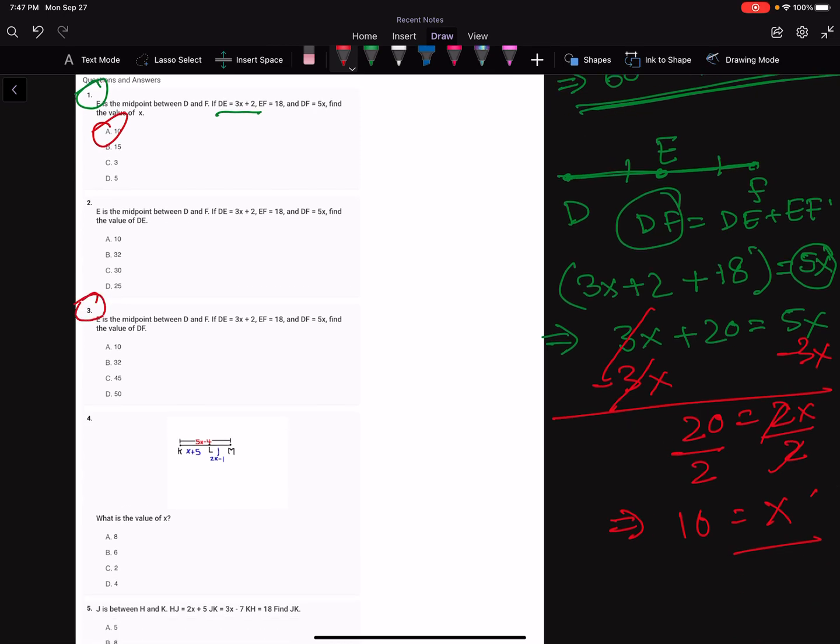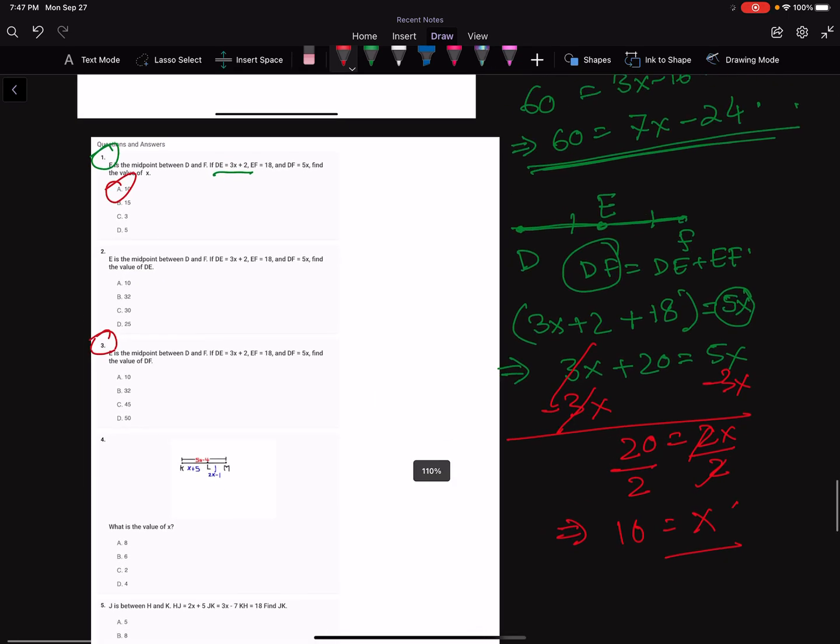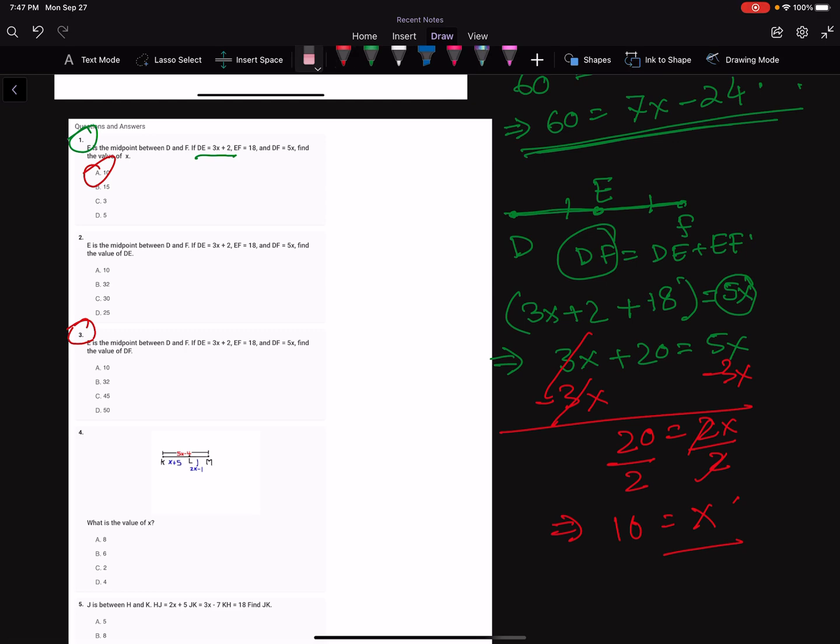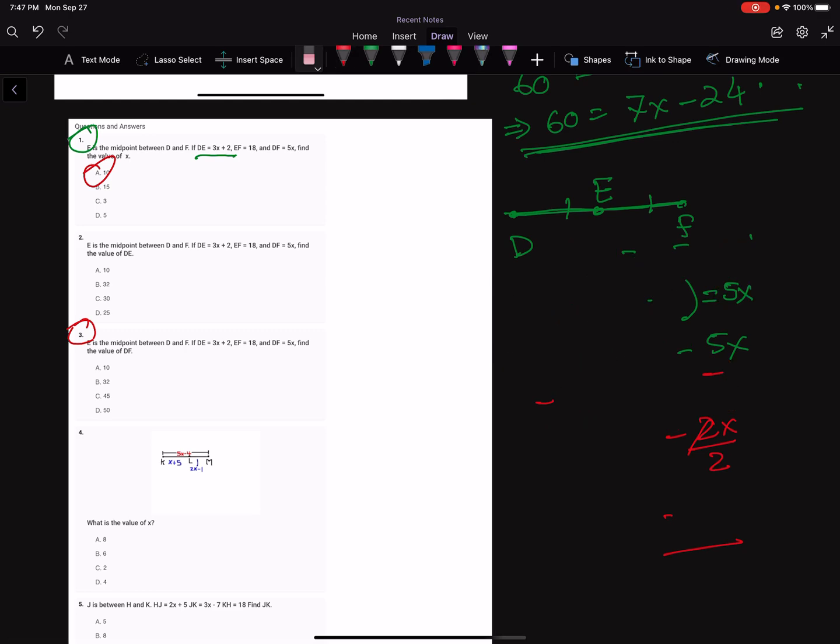And let's say number 3. E is the midpoint between D and F. Again this is the situation, let me erase that. So E is the midpoint of DF. I'm doing number 3. DE is 3x plus 2, EF is 18, and DF is 5x.